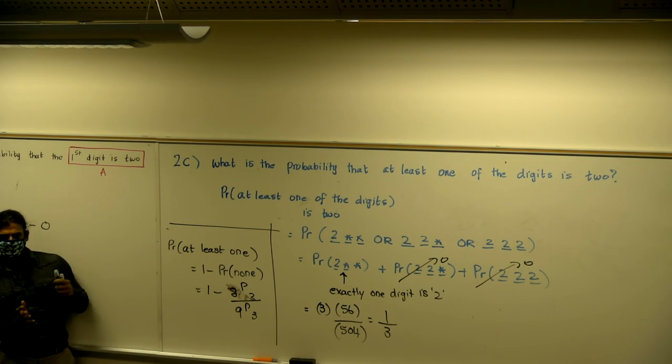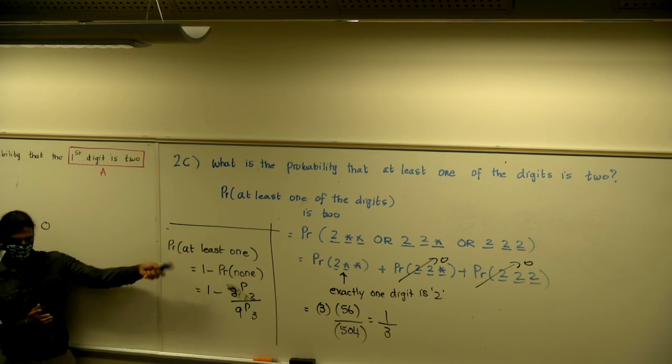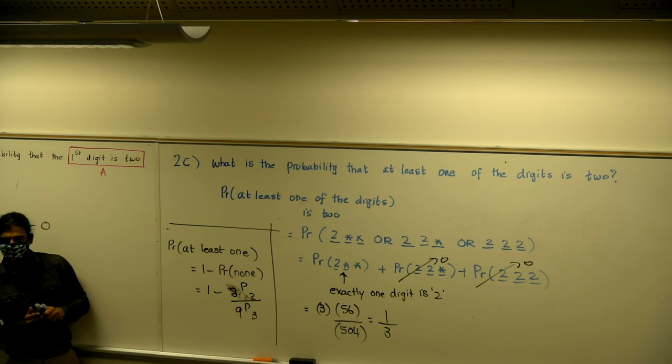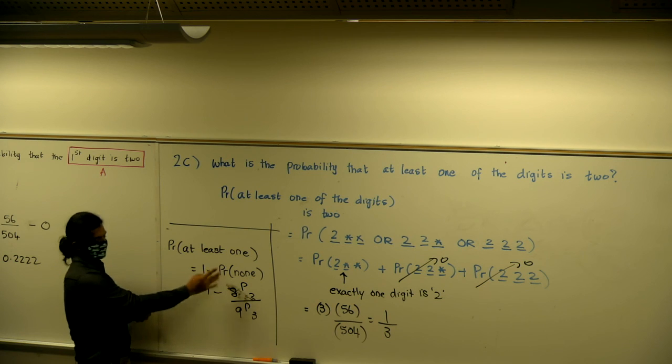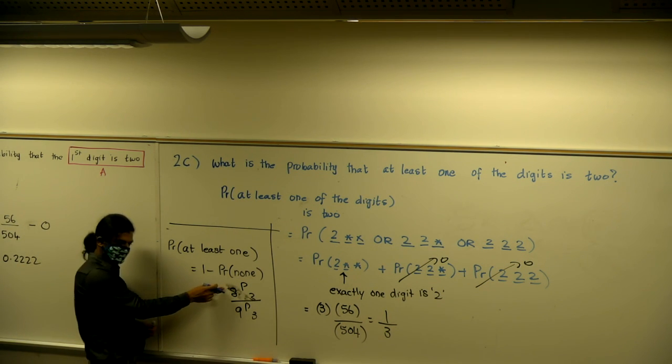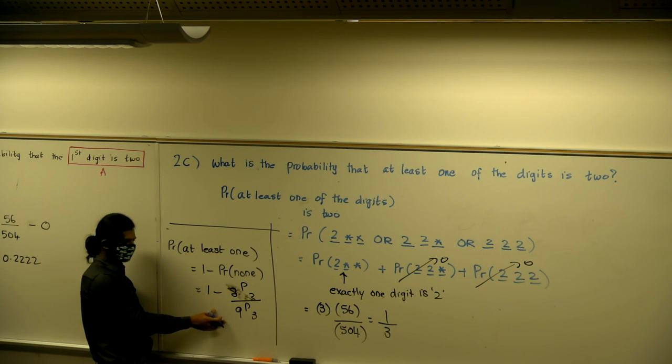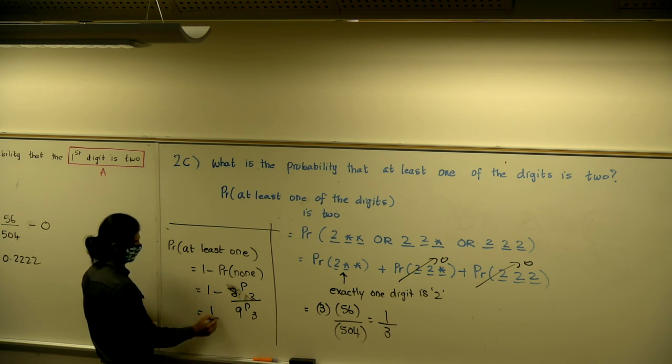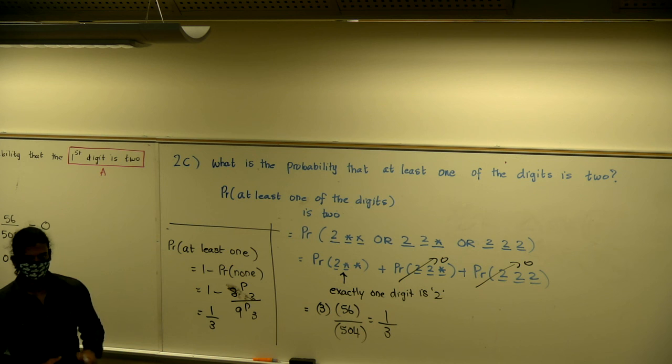And what do you get when you simplify? It should still be 1/3 if you put everything together, right? Because this would be 336 divided by 504, which simplifies to 2/3. 1 minus 2/3 is still 1/3.